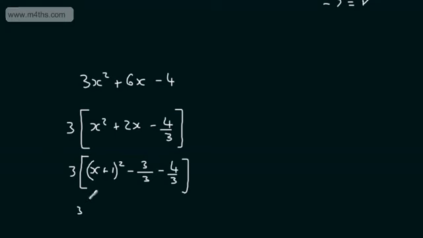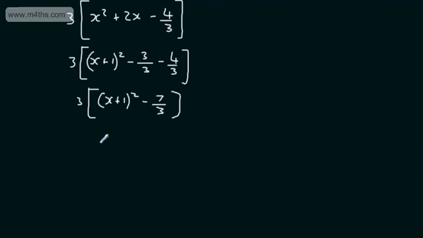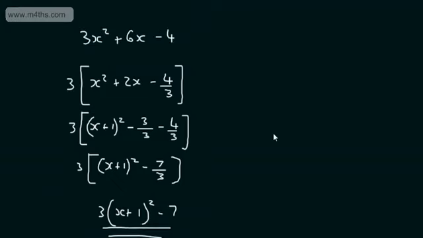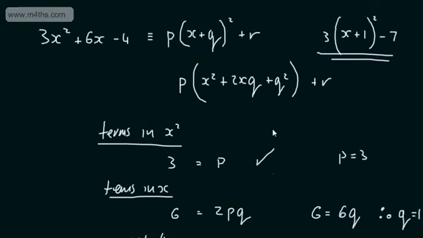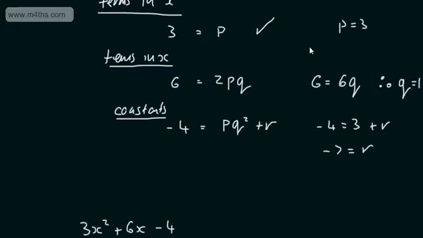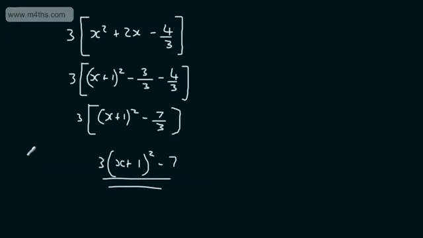So what I've got then is 3 lots of the quantity x plus 1 all squared minus 7 over 3. Now of course when we multiply back through, we're going to have 3 lots of x plus 1 all squared minus 7, and we can see exactly the same way. So this is an alternative method. 3, the quantity x plus 1 all squared minus 7 can be found in both ways.